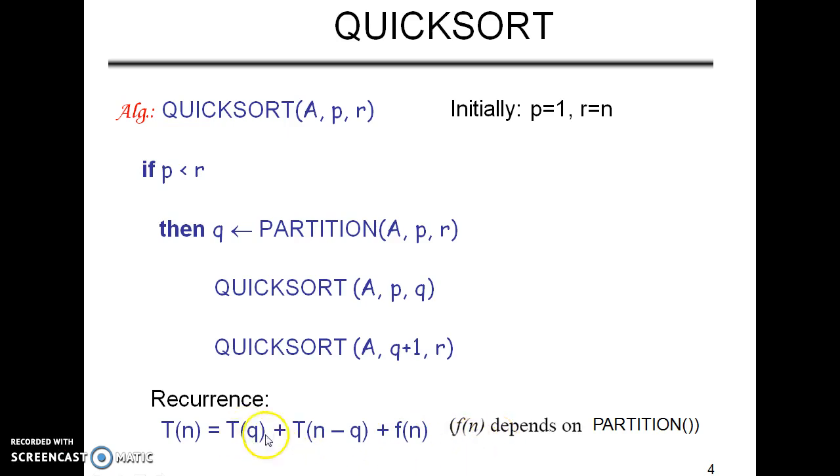T(q) is the time to solve the left sub-array, T(n minus q) is the time to solve the right sub-array, and f(n) is the complexity of partition.